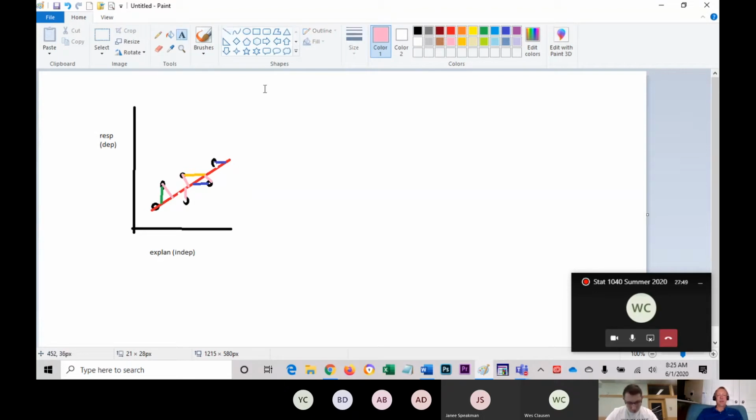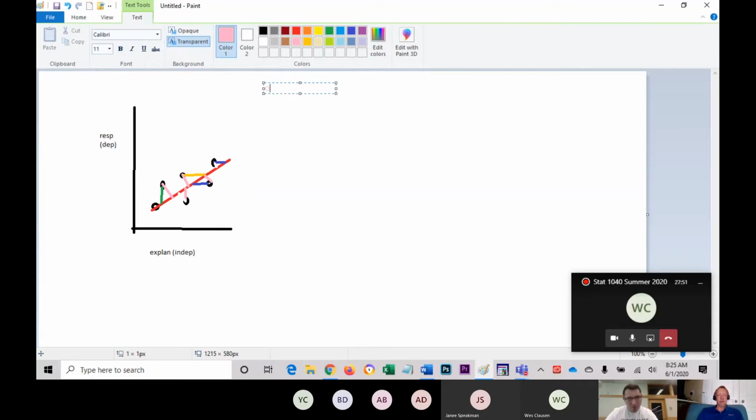With OLS regression, ordinary least squares, which we often just call OLS, the best line minimizes the vertical distance to the line.